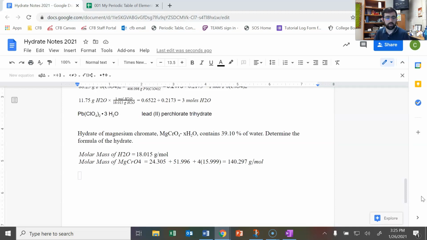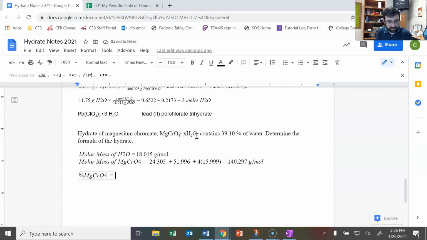What we didn't have yet was the percent. We have percent of water. We don't have percent of magnesium chromate. So the way we would find that is, well, the percent of magnesium chromate plus water is going to be 100. So if we added them together, they would be 100.